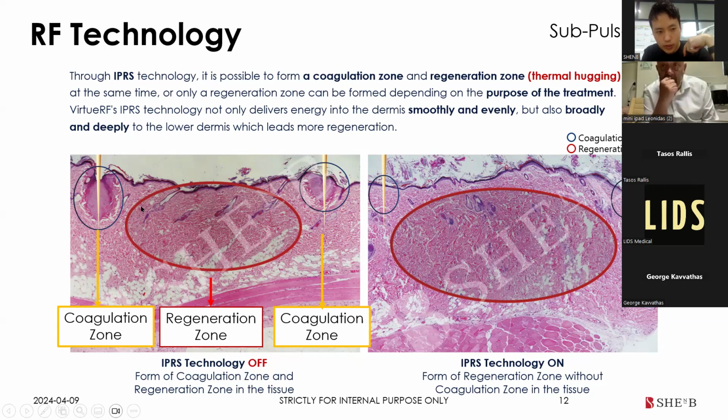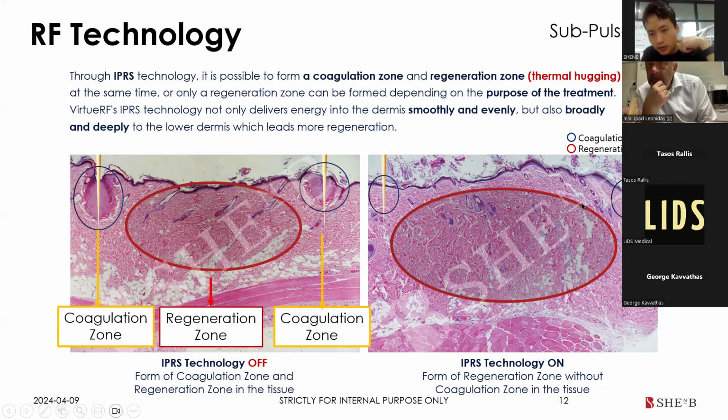Of course, between the needles, since this is bipolar, we will have a regeneration zone. But if we see the right photo, while we put the sub-pulse mode at 10, we can see almost no coagulation zone near the needle.